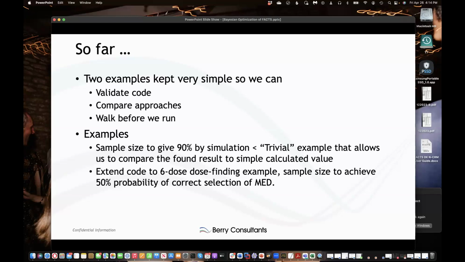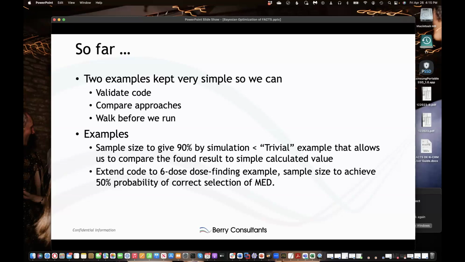But the nice thing is, once you've got a framework like this, it's actually quite easy to extend it to more interesting problems. So, for instance, we've tried it on a design which is still a fixed trial at this point, but it's evaluating 6 doses versus control, fitting a 4-parameter sigmoid over a number of scenarios.